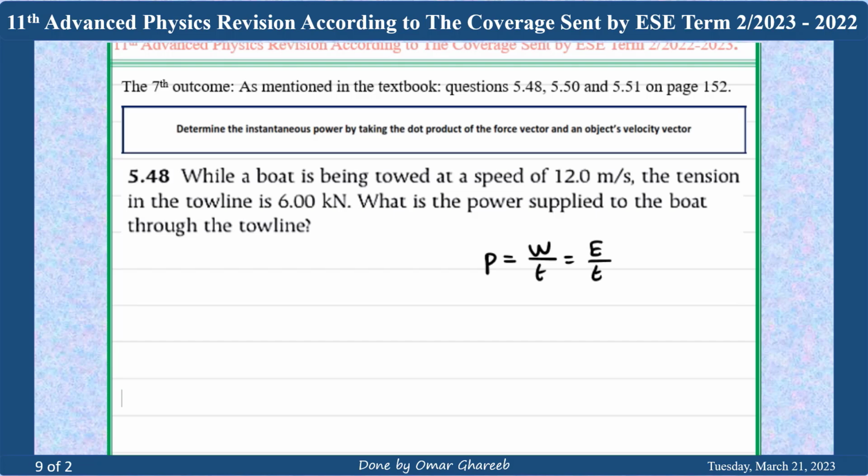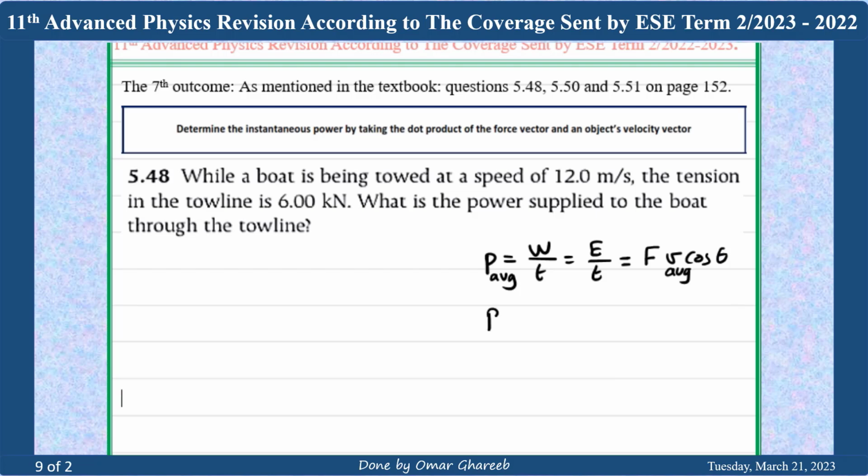When we use this expression, we have to consider this as average power. And if you need to find it with the force, it is F v cosine theta, and this v is average. So all of these expressions find the average power.